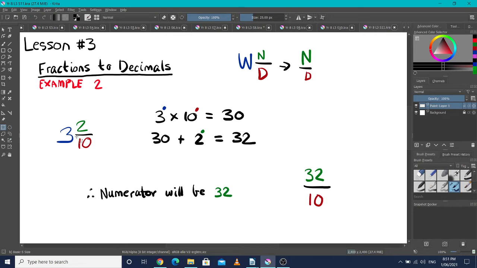But here we multiply the whole number by the small denominator. So 3 times 10 is 30. And then we add our small numerator on top. So 30 plus 2 is 32. 32 will be the numerator for our improper fraction. And then remembering that the denominators must be the same, the improper fraction is 32 over 10.